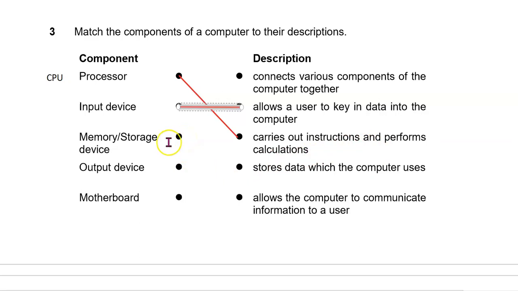Next, the memory storage device would be to store data which the computer uses, and you can write down an external or internal hard disk or a thumb drive.